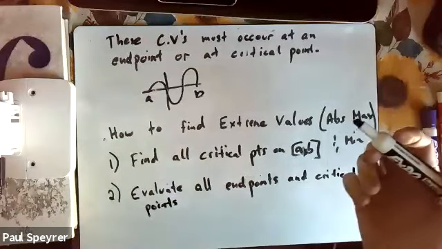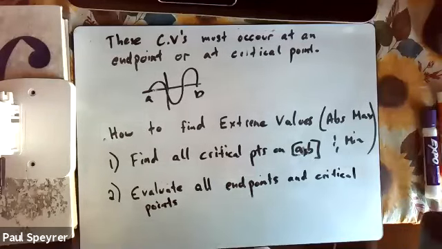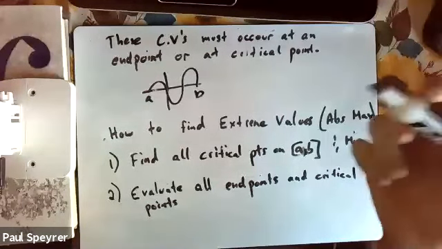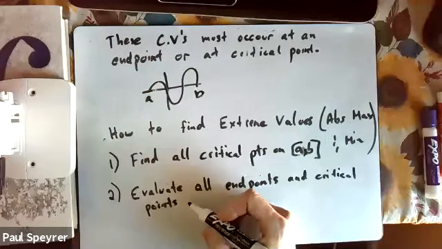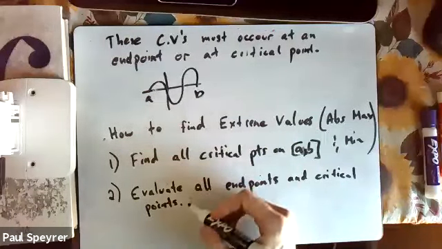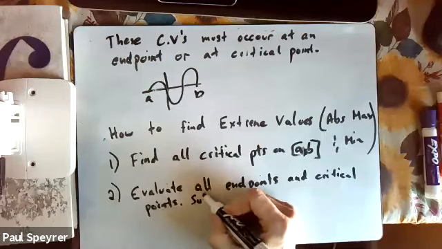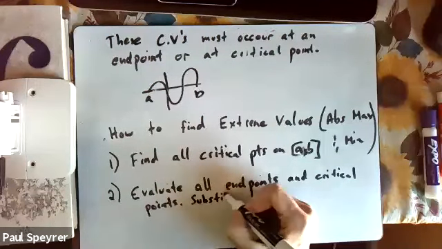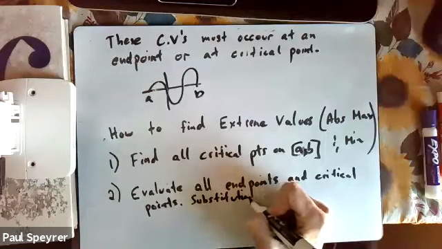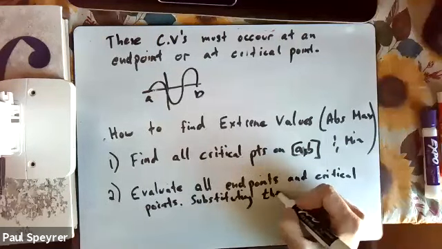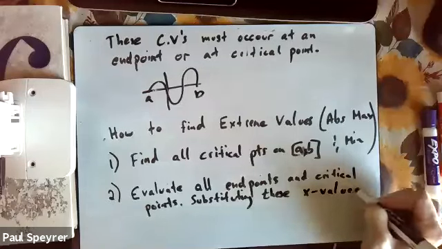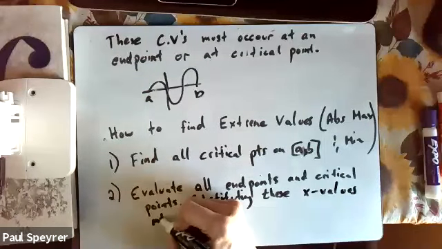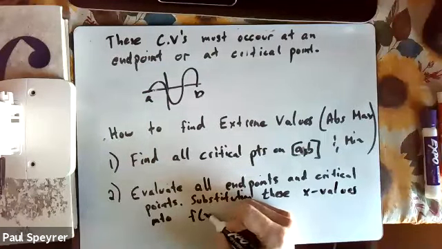So when we say evaluate, it means you're going to plug in those x values, or substitute them into your original function and look at the y values, okay? That's what we mean by evaluate. You're substituting these x values into f of x.